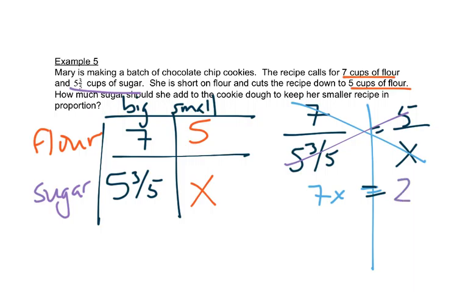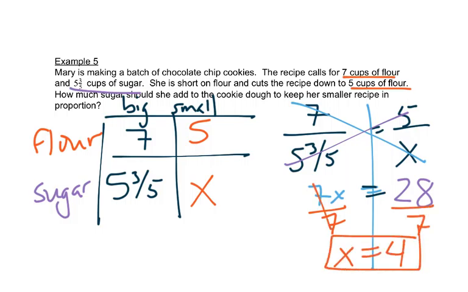And that gives us 28. Then we'll divide both sides by 7, which is x equals 4. So remember what the question was asking. It was asking how much sugar should she use, and it's 4 cups of sugar.